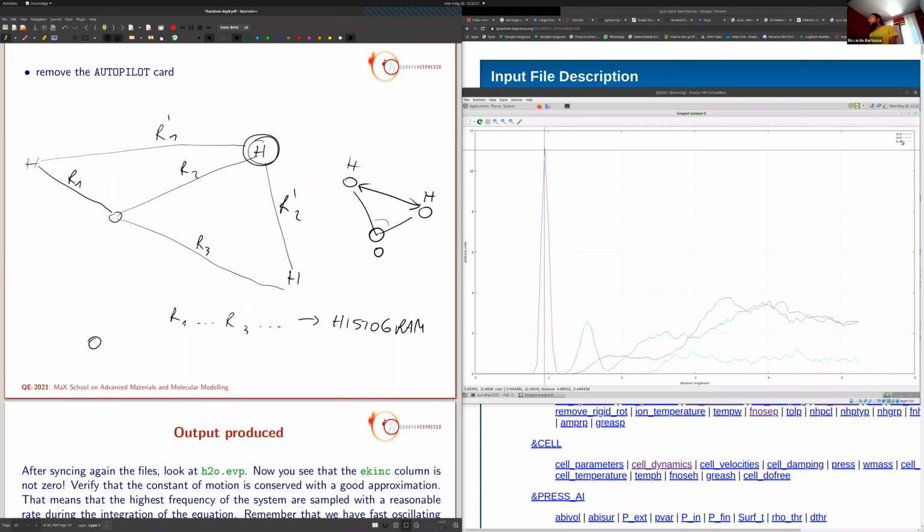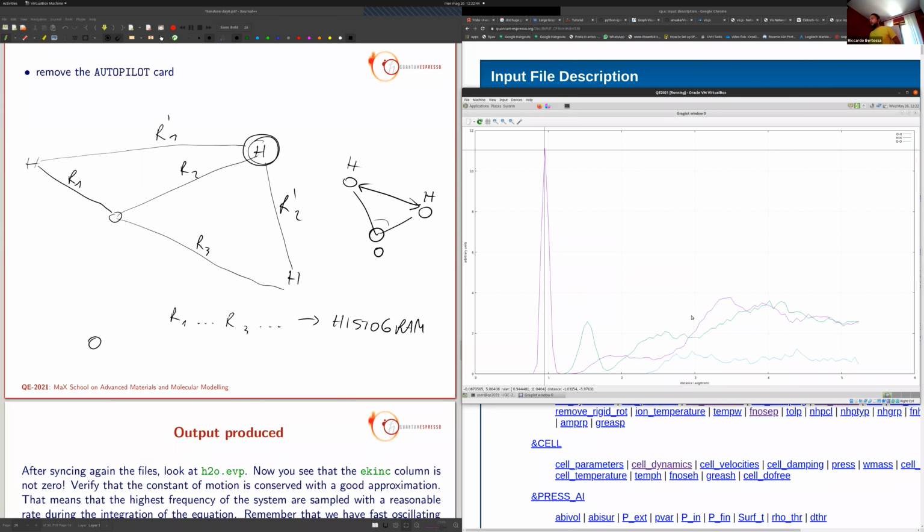And then you have the oxygen-oxygen pair correlation function, and you see that two oxygens start to see each other at 2.5-something angstrom. So they are farther apart than the other atoms in the molecule.